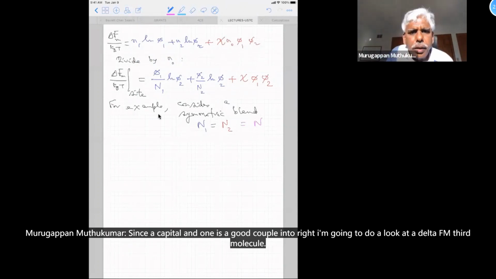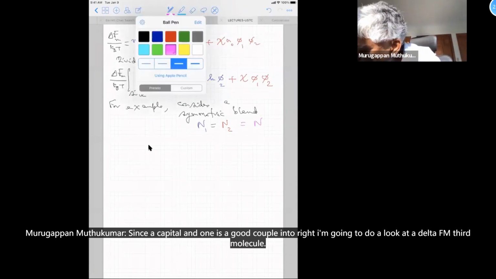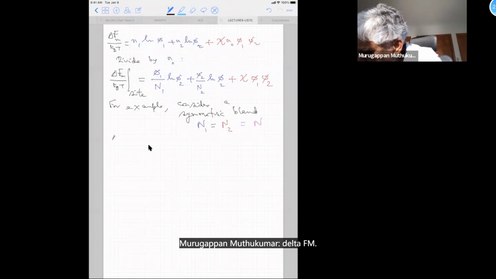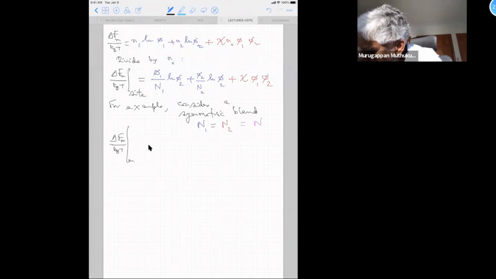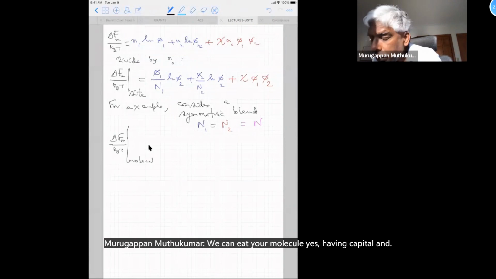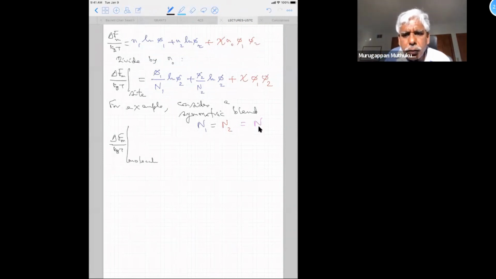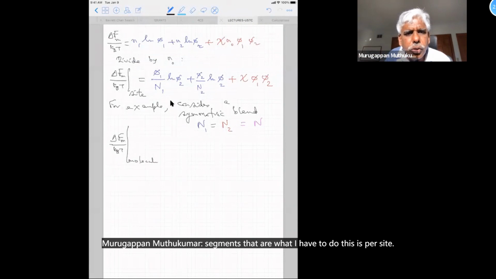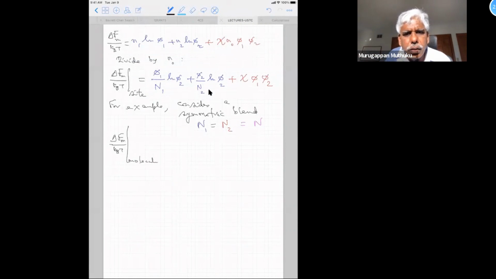Since capital N1 is equal to capital N2, I'm going to look at delta Fm per molecule. Because each molecule has capital N segments, this is per site. This is the expression.